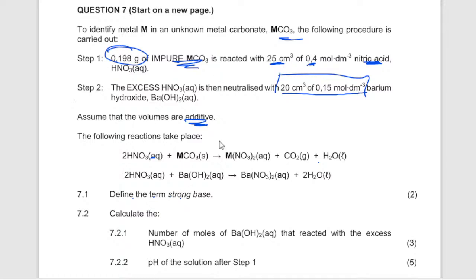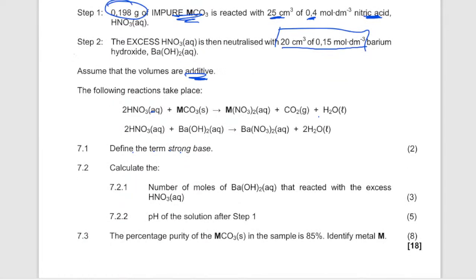Yes. So they are saying calculate the number of moles of barium hydroxide that reacted with the nitric acid. So we have to use the excess, whereby this one is not that big a deal. How do we calculate that?